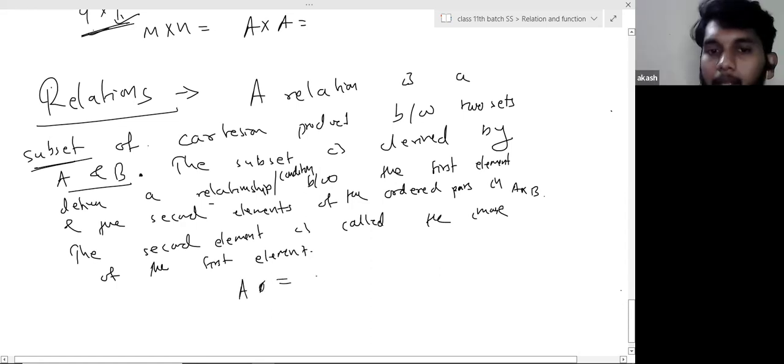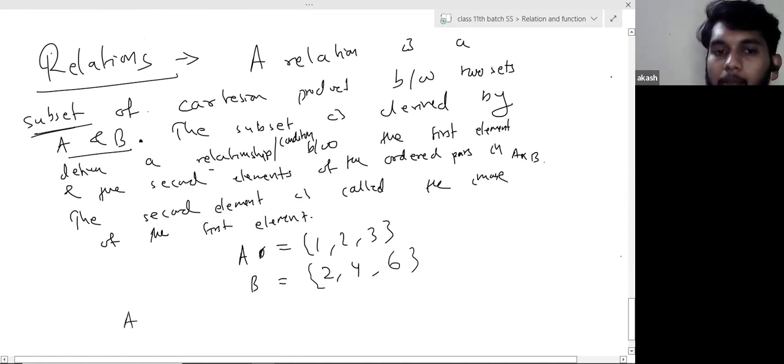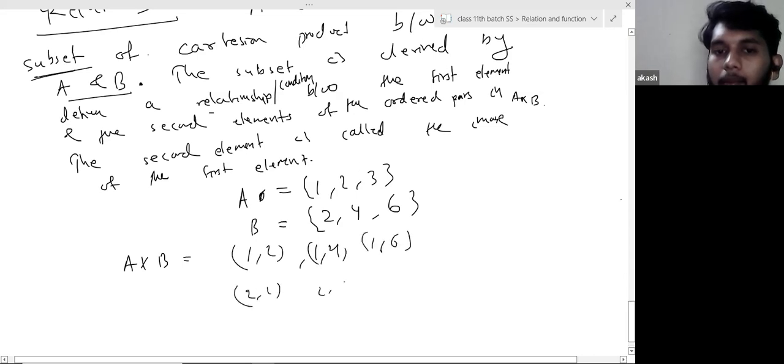So if I write A equals 1, 2, 3, and B equals 2, 4, 6, what will be A cross B here? A cross B will be 1, 2, 1, 4, 1, 6, 2, 2, 2, 4, 2, 6, 3, 2, 3, 4, and 3, 6, right?